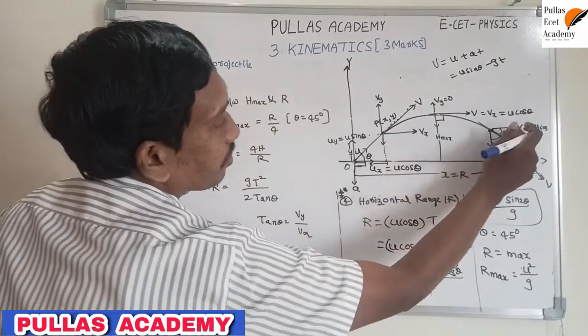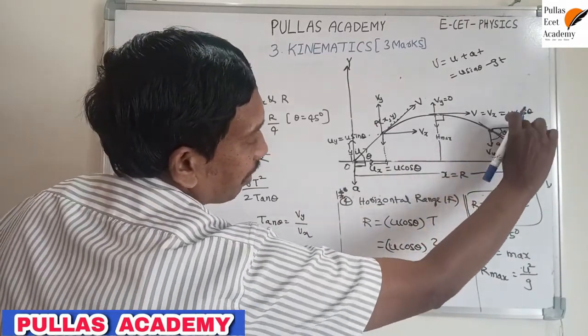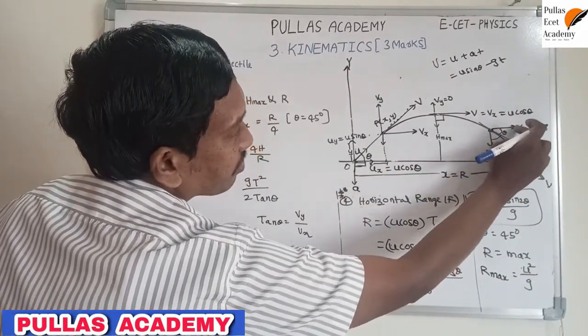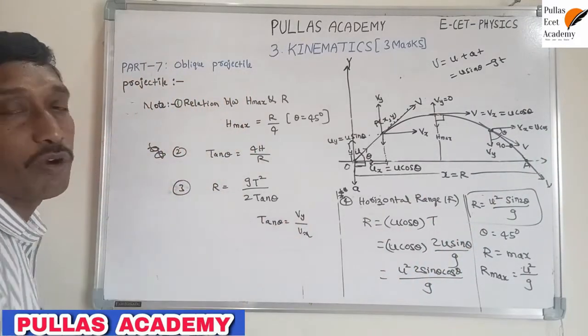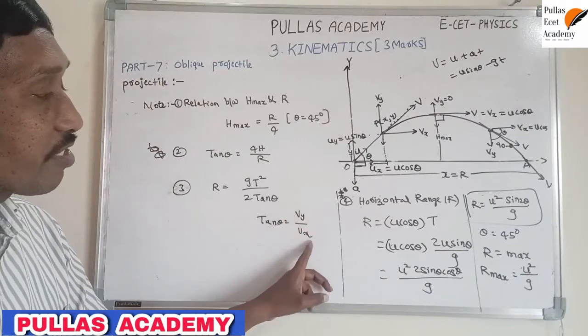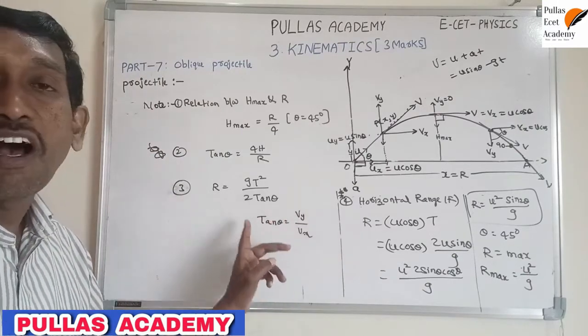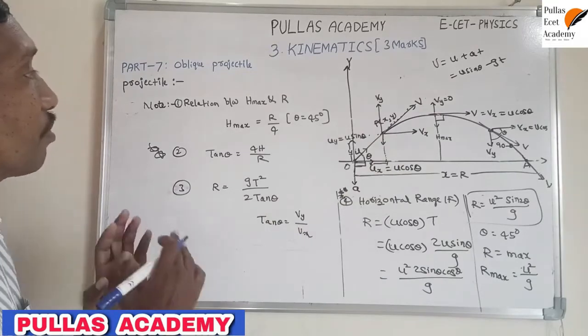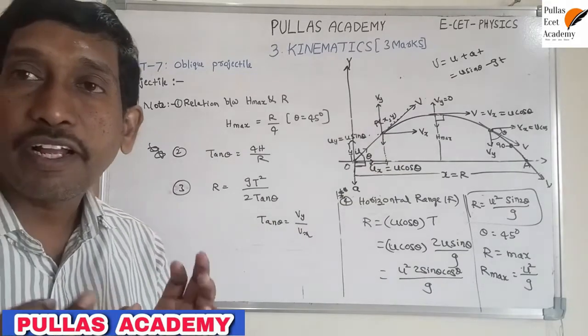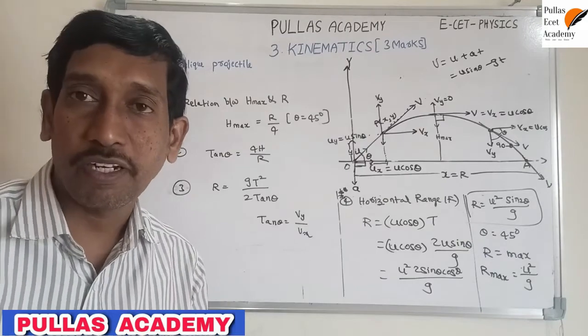Opposite side is Vy, and the adjacent side is Vx, this is the formula. If you know Vy and Vx, then you can find theta. Sometimes the x component and y component are given, and they ask for the theta value by that equation. In this way we have to measure. So these all are the important expressions for oblique projectile.